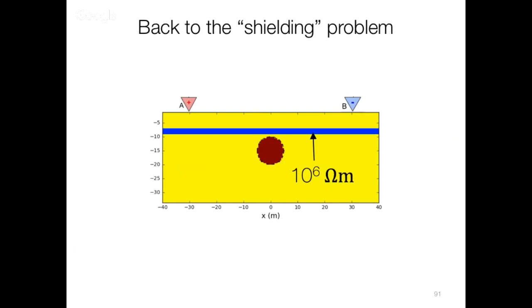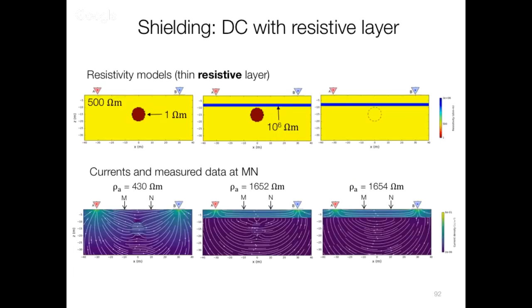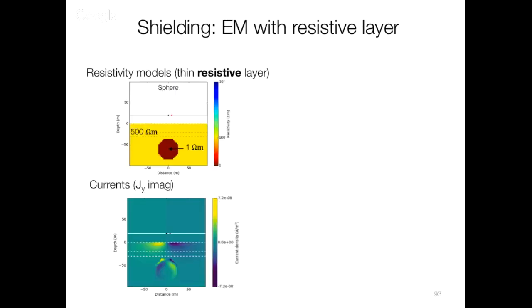Our shielding problem, remember that's what we had for DC resistivity. Go back to exactly the same one, put a resistor in there. For DC resistivity, if you remember, when we put that resistive layer in, all the currents got confined to the top, and we just didn't see this guy. Now if we do the same thing, here's without a resistor.